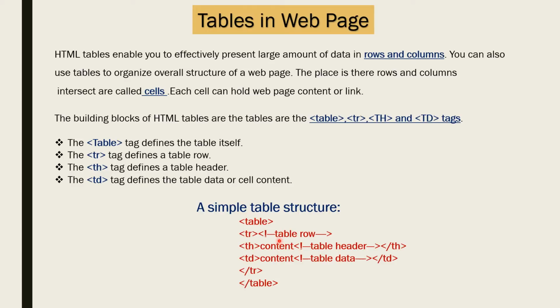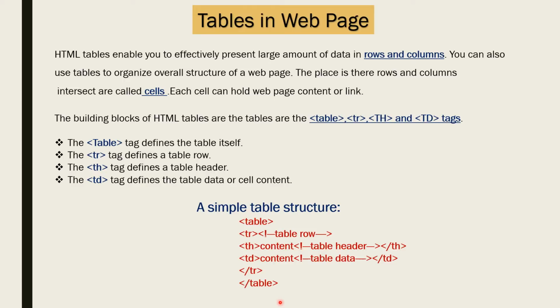When we have to create a table, we use the table tag, tr for table row, th for the table header content, and td tag for data, whatever data you want to insert inside the table. We start the tr tag here and close it here. Then after that we have to close the table tag.